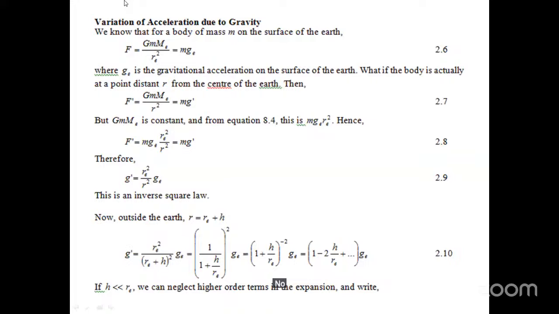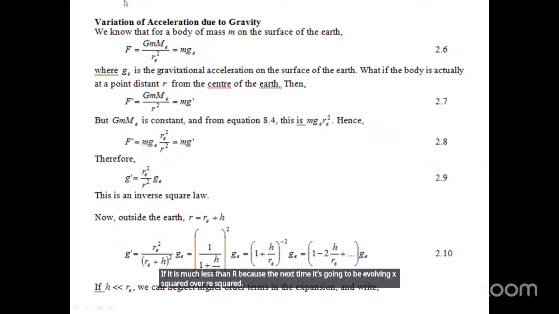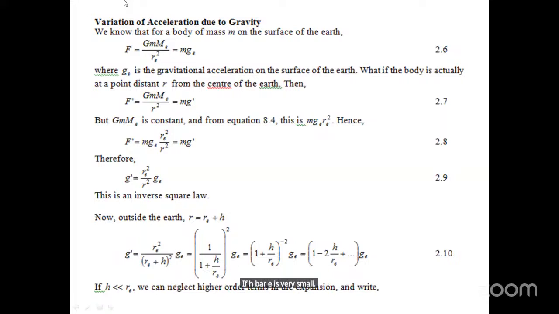If h is much less than Re, because the next term is going to involve h squared over Re squared. You know, if h over Re is very small, then h over Re all squared will be much, much smaller. Is that okay? Take a look at 0.1. What is 0.1 squared? 0.01, right?